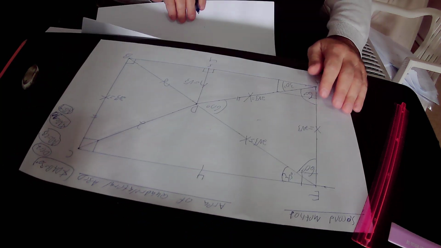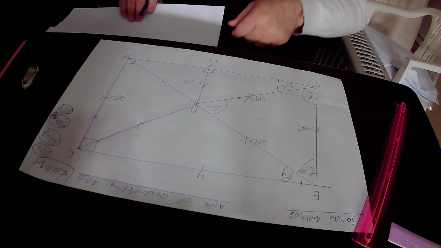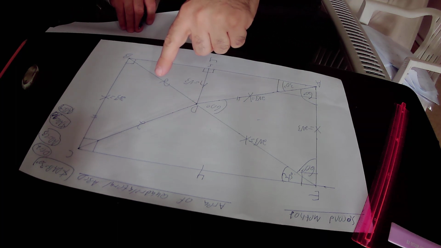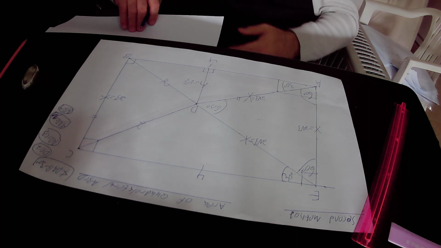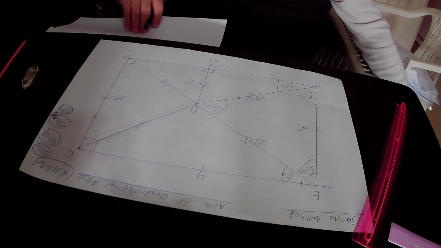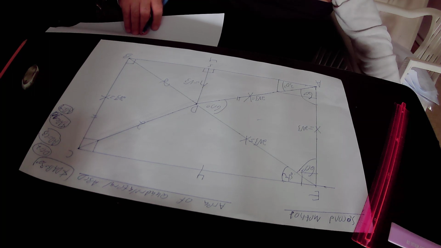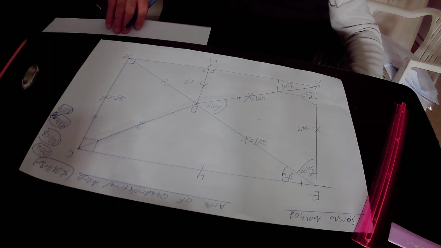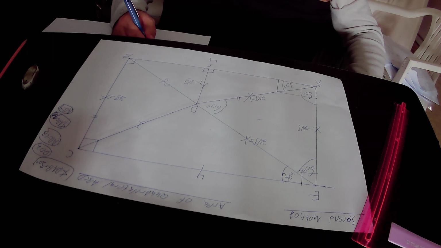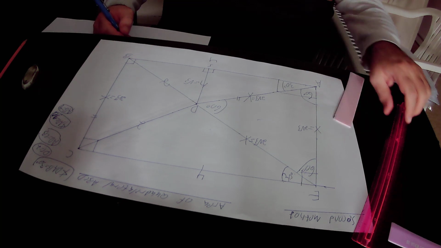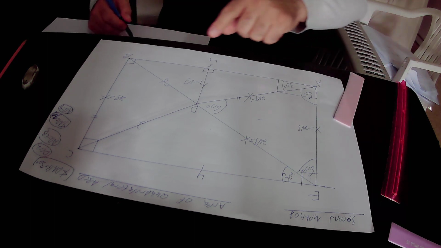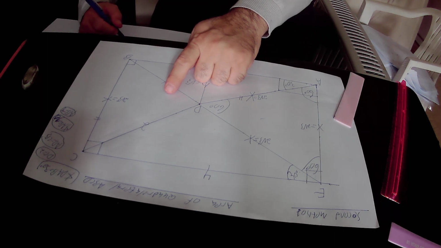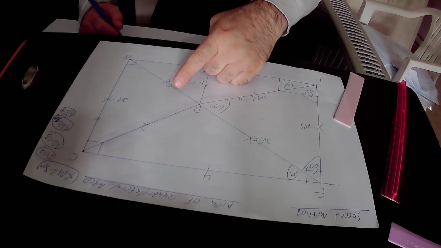The only thing that is left to do is to find out the area of triangle DBC, this triangle. We will find out the area of triangle DBC according to a special formula. First of all, we will calculate the semi-perimeter of this triangle DBC.